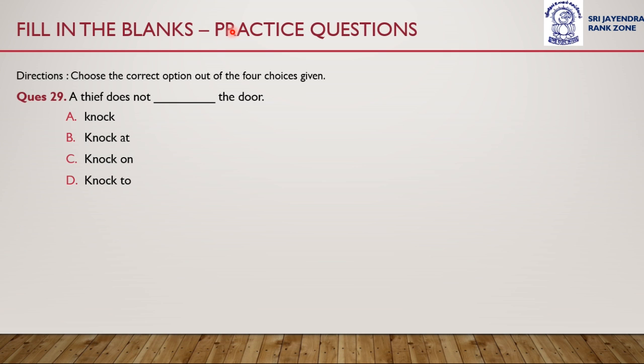Question number 29. A thief does not dash the door. Option A is knock, option B is knock at, option C is knock on, and option D is knock to.